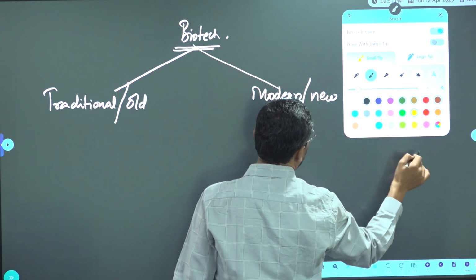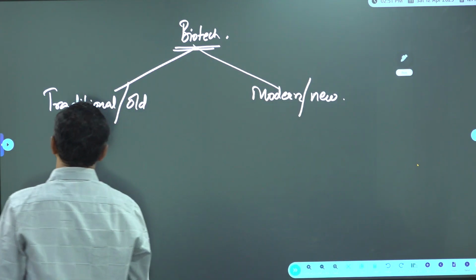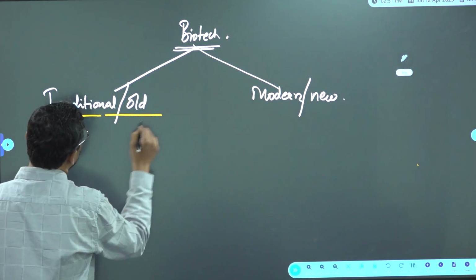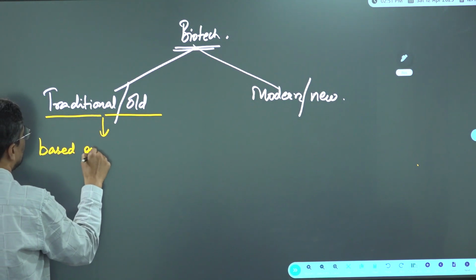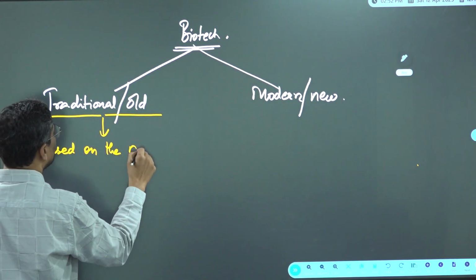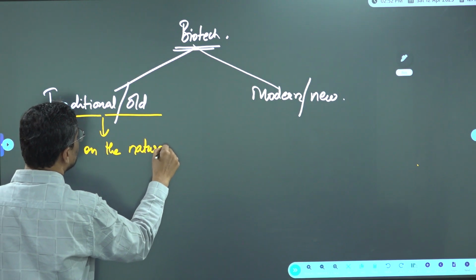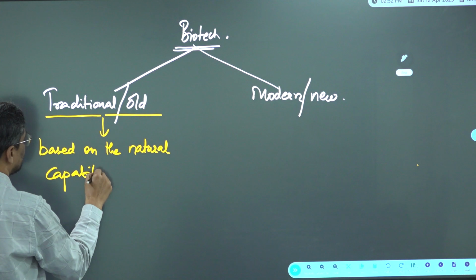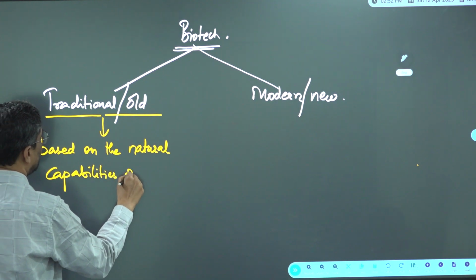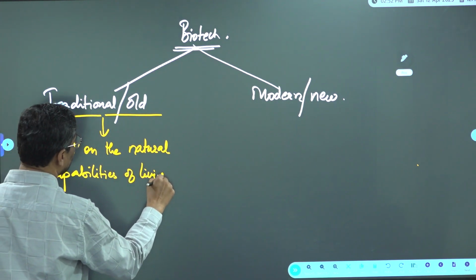Traditional biotechnology means the biotechnology which is based on the natural capabilities of living organisms.